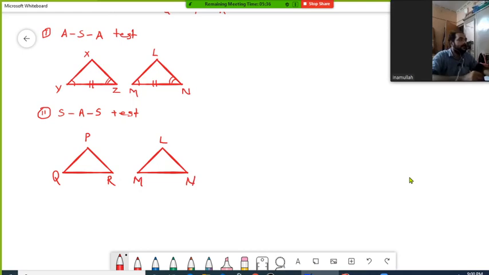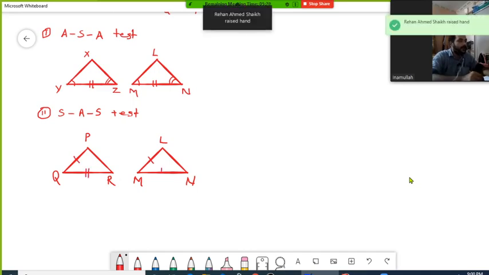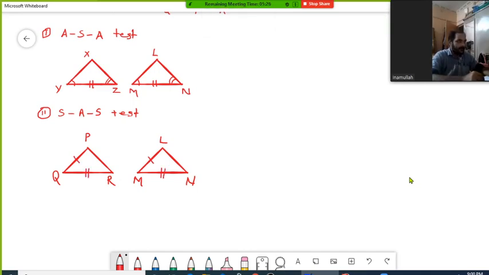So if you know that PQ is equal with LM, QR is equal with MN, means length of PQ is same as length of LM, length of QR is same as length of MN, and this including angle, that is angle Q, is equal as angle M. So these two triangles can be called congruent triangles by side angle side test.